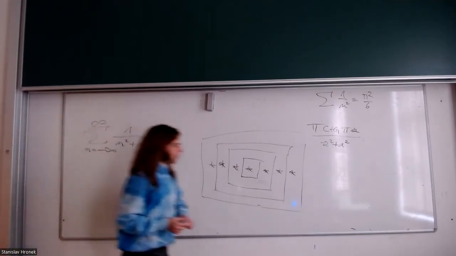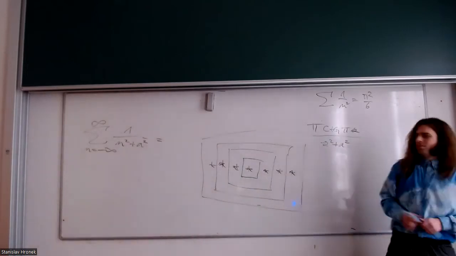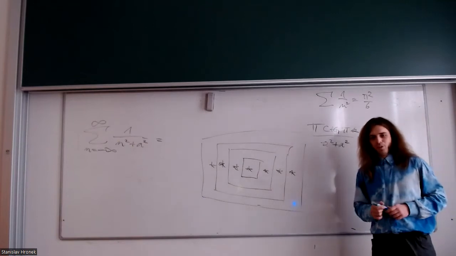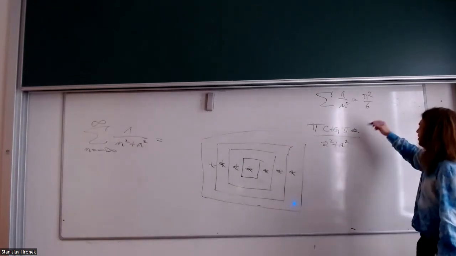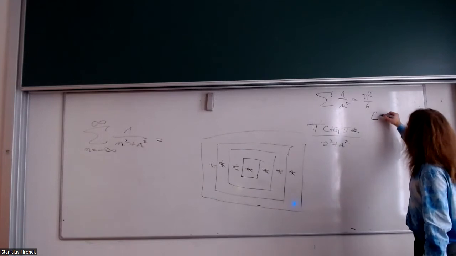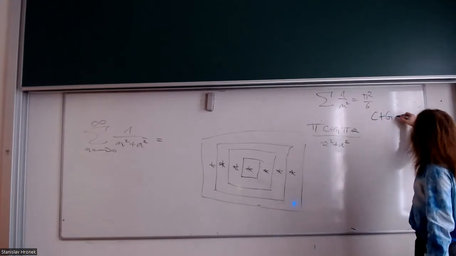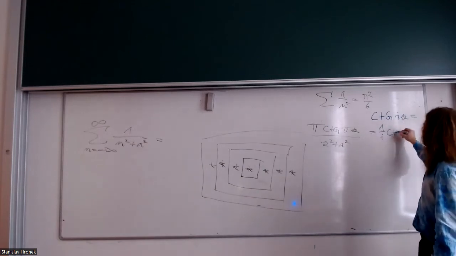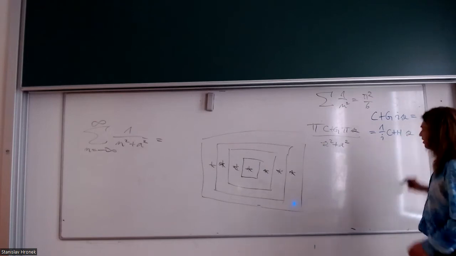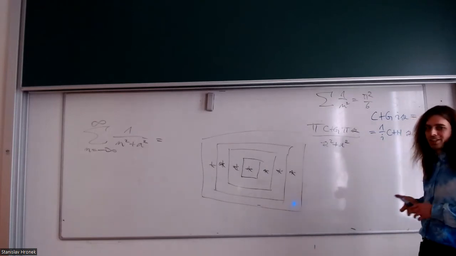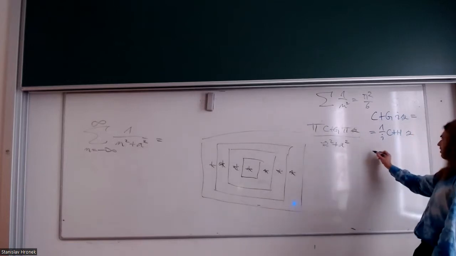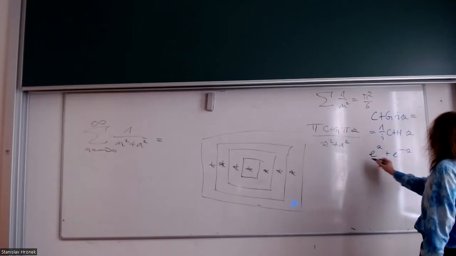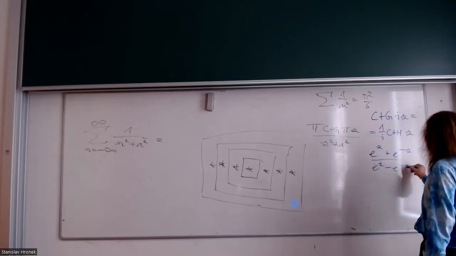And why? Because the cotangent in the imaginary direction is just behaving like a hyperbolic cotangent. And if I have to do it exactly, it holds that cotangent iz is 1 over i times cotangent hyperbolic z. And the cotangent hyperbolic is a function that looks like this, for instance, e to the z plus e to the minus z over e to the z minus e to the minus z.